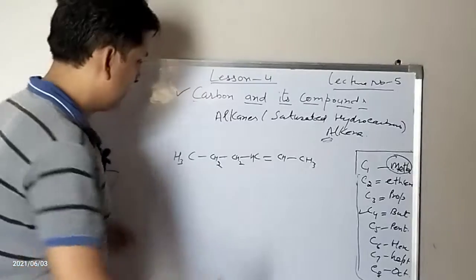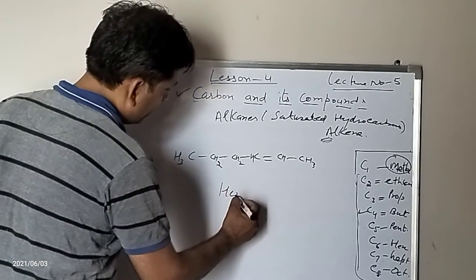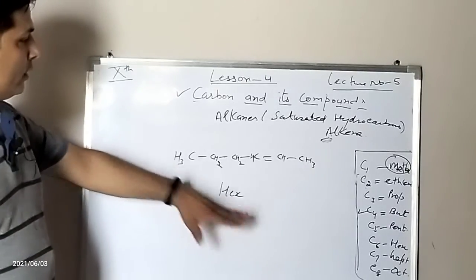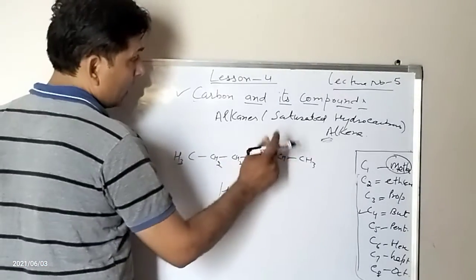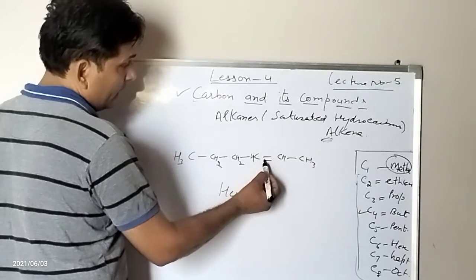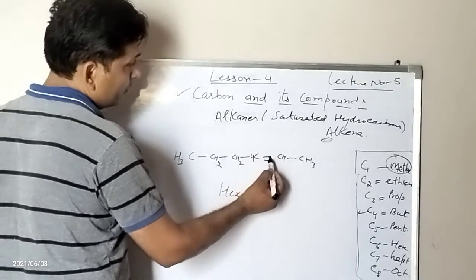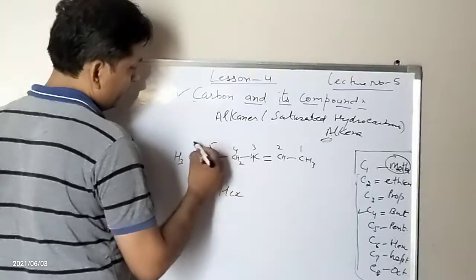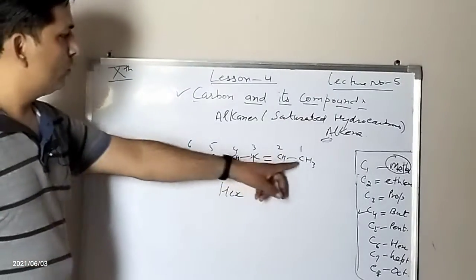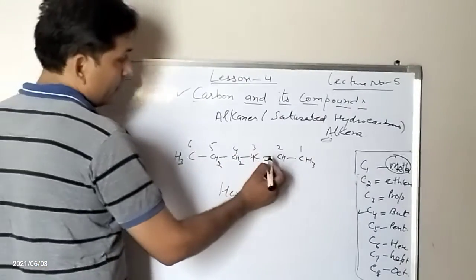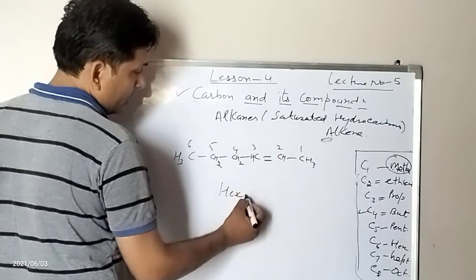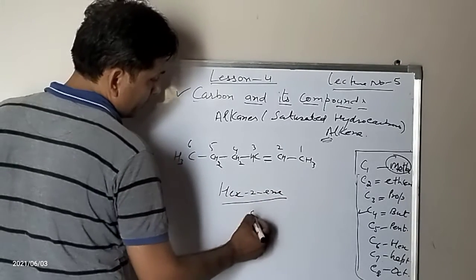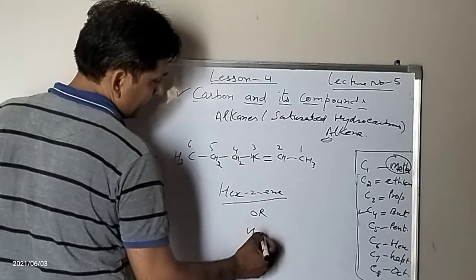Six carbons, so it is hex. Now start numbering from the end where the double bond comes nearer. 1, 2, 3, 4, 5, 6. Then the double bond is at position 2, hex-2-ene. Or simply we can say it is hexene.